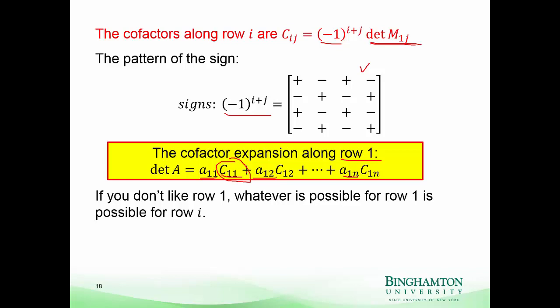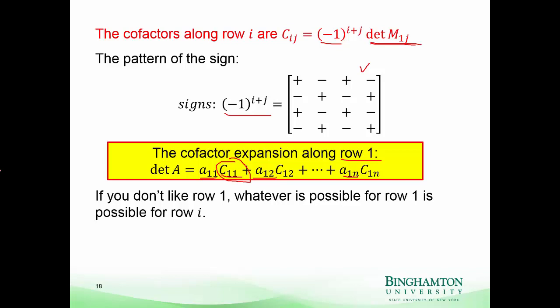Well, what if row 1 has 4 non-zero elements in this 4x4 case? In the n by n case, what if it has all n elements non-zero, but there's some row that only has 2 non-zero elements? Go for that row, because then you're only going to have to do 2 cofactor evaluations. So you scan down through, find the row with the fewest non-zero elements, and go for that row.